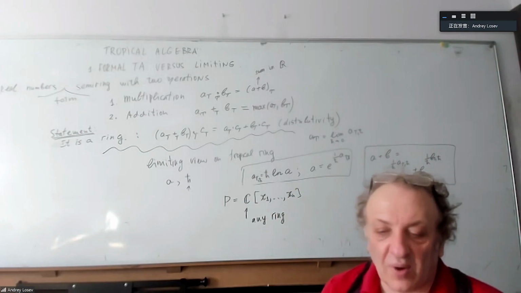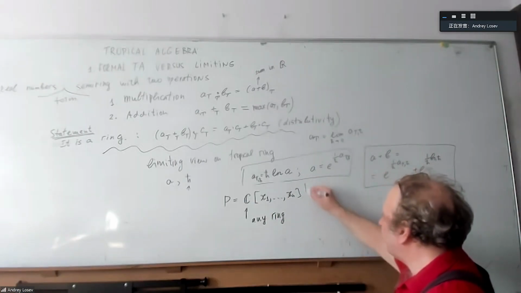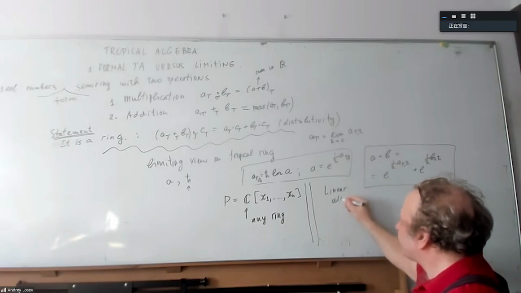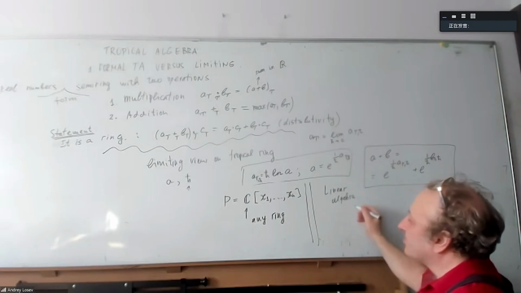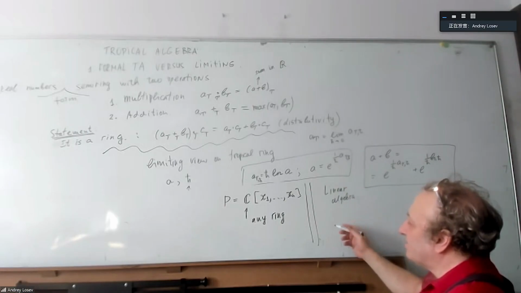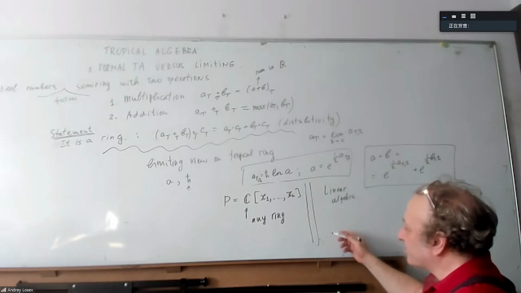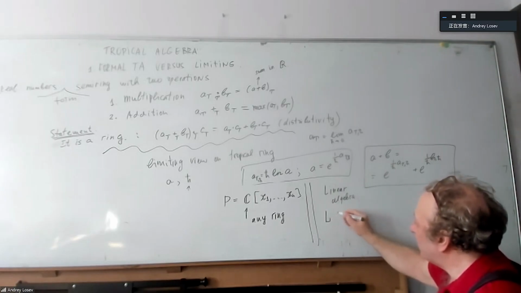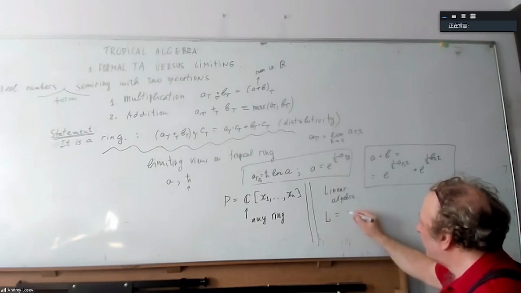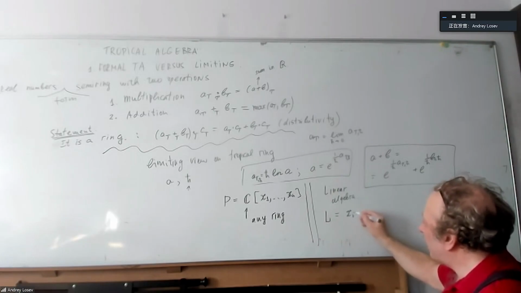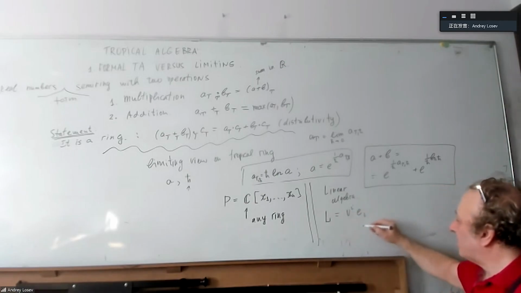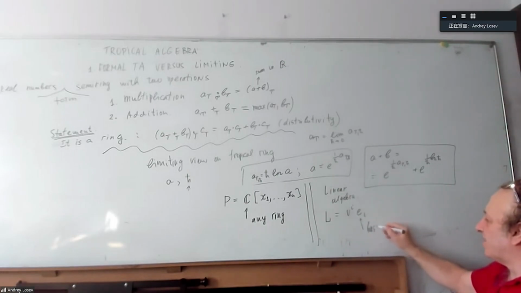Similarly, when we say that we have linear algebra, we say that elements of the space L are v_i, e_i. We call this basis.